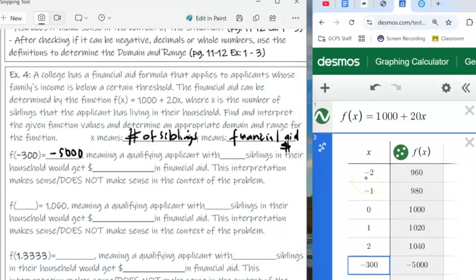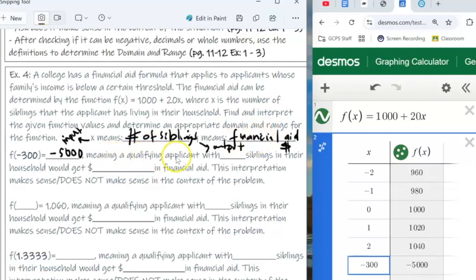Now, what does that mean? So what does an input of negative 300 mean? I know that X, which is my input, also known as my independent variable, and Y is my output, my dependent variable. Okay, so my input is negative 300. So technically I'm saying I have negative 300 number of siblings. And then my output is negative 5,000, which means if I have negative 300 number of siblings, then my household is going to get negative $5,000.